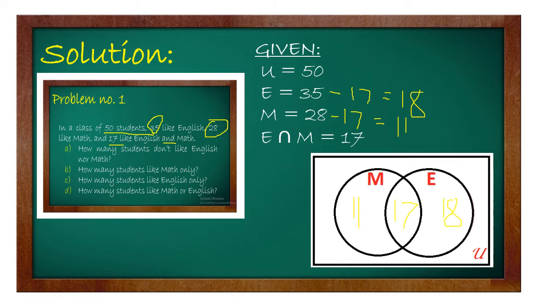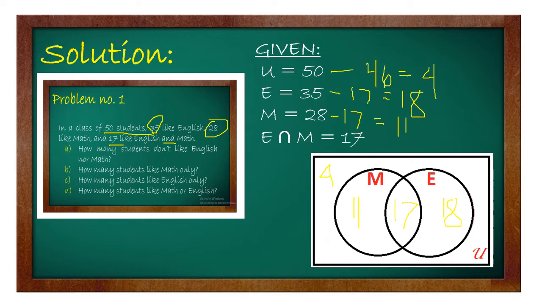Ibig sabihin, 46 lang na estudyante ang may gusto ng English or math. So, yung 50, babawasan natin ng 46, at may matitira na 4. Ibig sabihin, etong 4 na to, ilalagay natin siya sa labas ng circle pero sa loob ng rectangle.